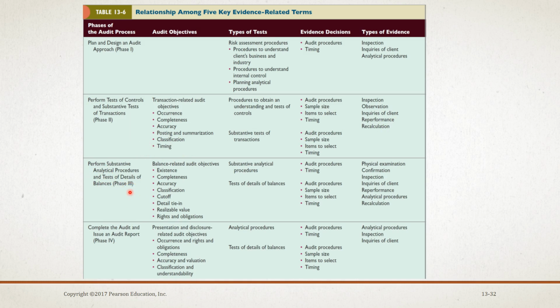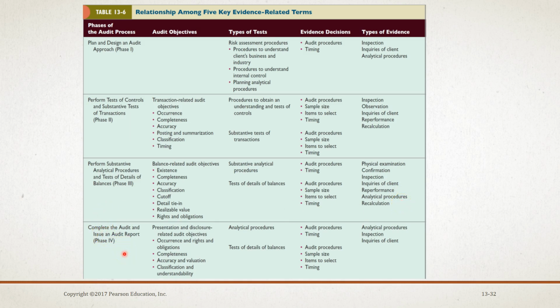Phase 3. Performing substantive analytical procedures and tests of details of balances. We look at the balance-related objectives and what we're looking to accomplish. Type of test, substantive analytic, evidence decisions, audit procedures and timing, type of evidence: physical examination, confirmation, inspection, inquiries of client, reperformance, analytical procedures, and recalc.